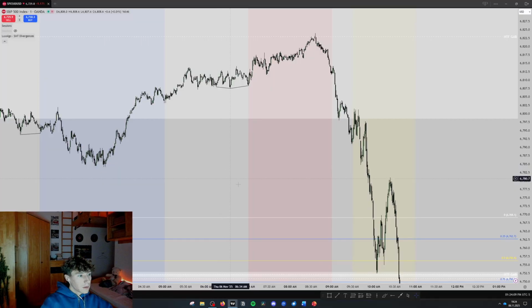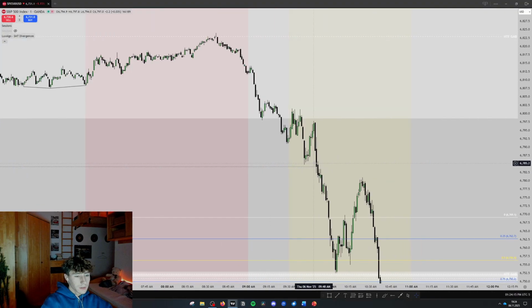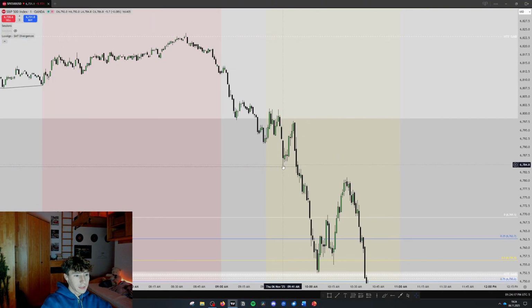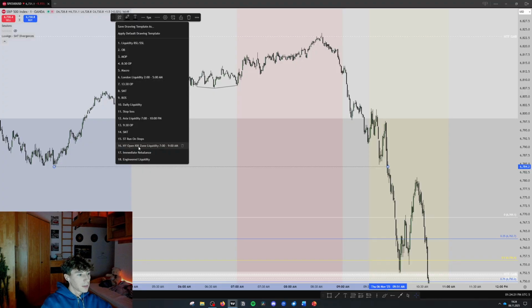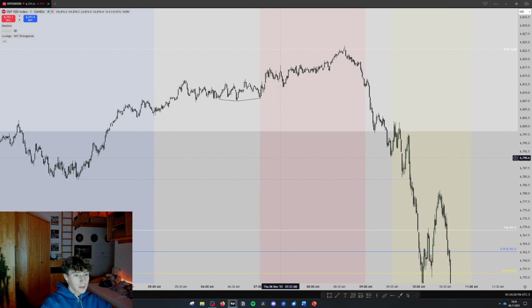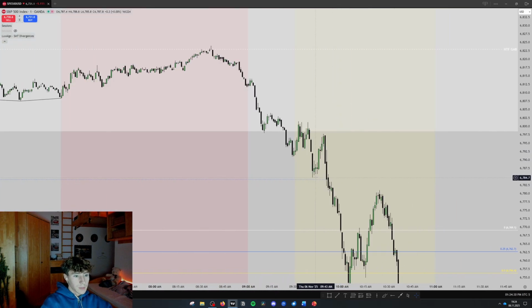The London lows are right here, and we did not sweep them with the low right here. As you can see, the London lows were still intact on ES. On NQ we did sweep them already. So just to keep that in mind, keep an eye on the lows right here.